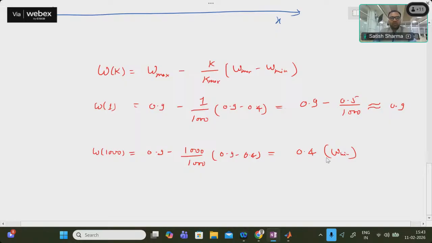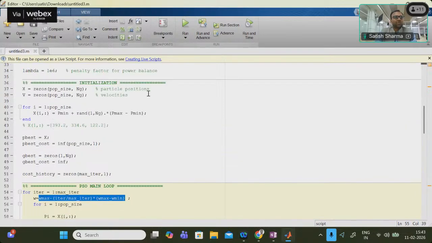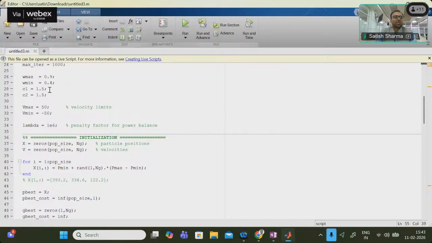What other attributes we can include is basically we can play with the c values as well. Similarly, why not change these coefficients as well? Okay, and let's change the initial velocity to a very high value.